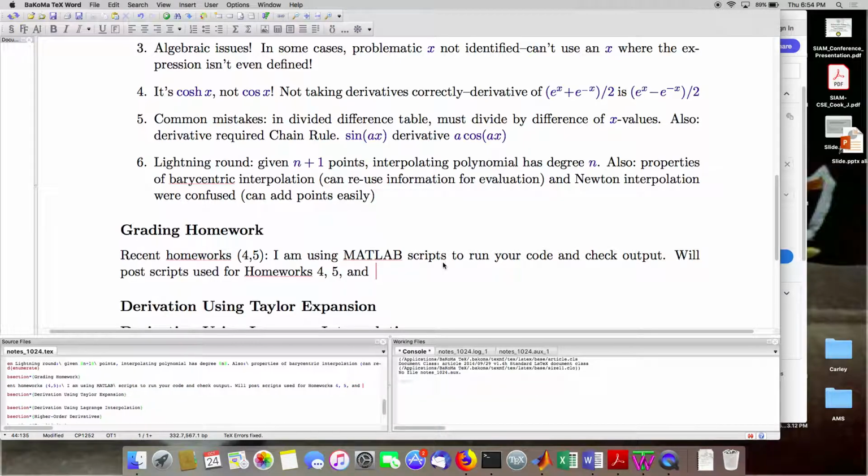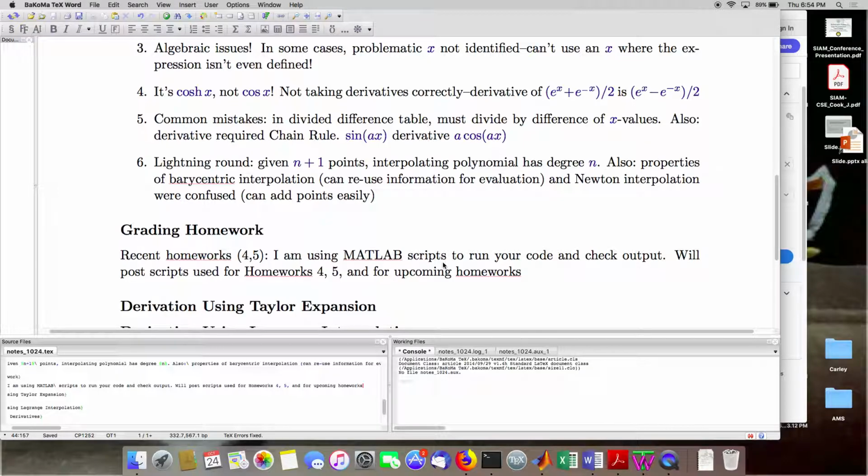And for upcoming homeworks, you can try this out on your code before you submit it, and get an idea if it's working or not, and what kind of output is expected.